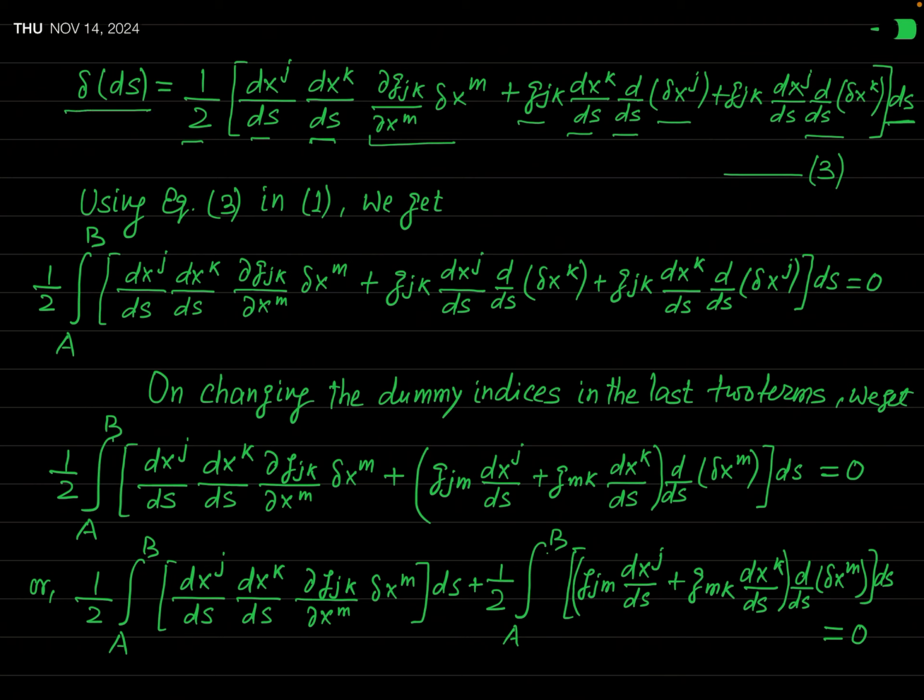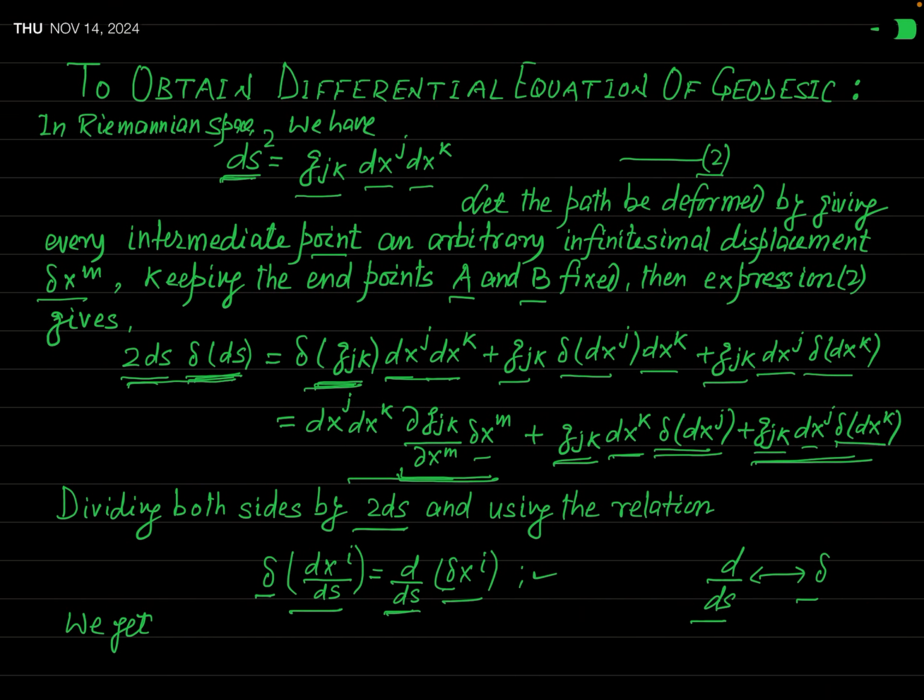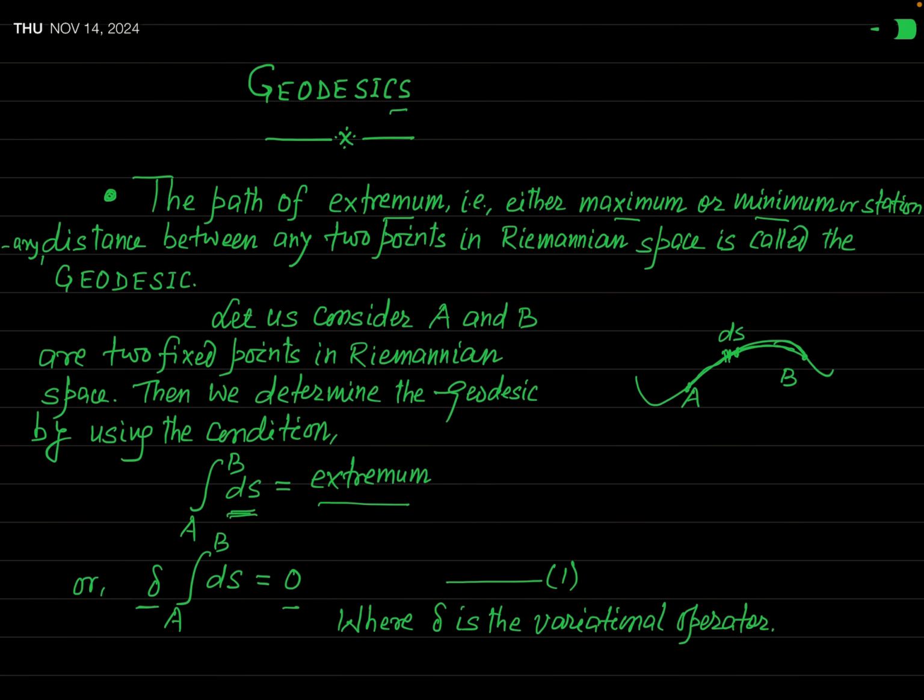Okay. Now this value of delta operated on ds which you have obtained in this equation 3, let us use this value in equation 1. Equation 1 which actually refers the condition utilizing which we will obtain the equation of geodesic.